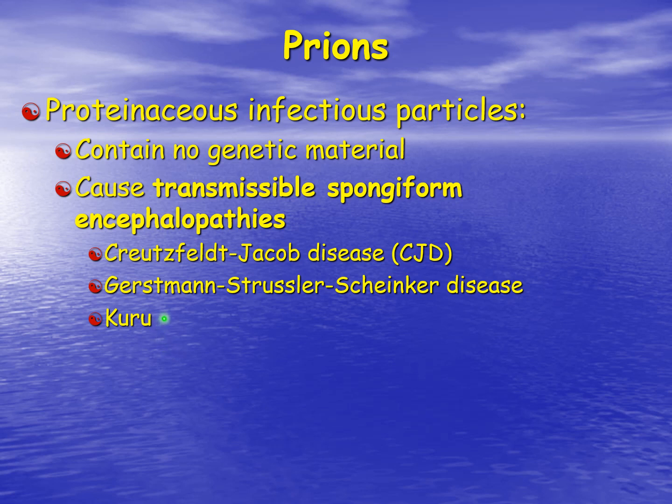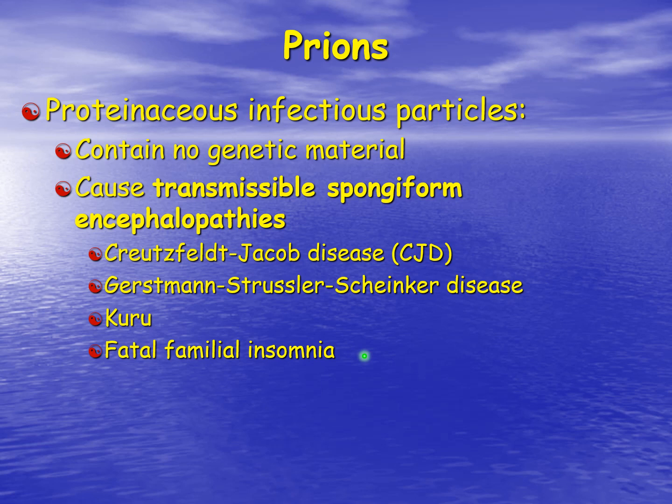Kuru was actually recognized in indigenous populations in the Southeast Asia and Pacific regions as early as the 1850s. Fatal familial insomnia is another form of disease that prion diseases can cause, and this is actually just the fact that these individuals never sleep.